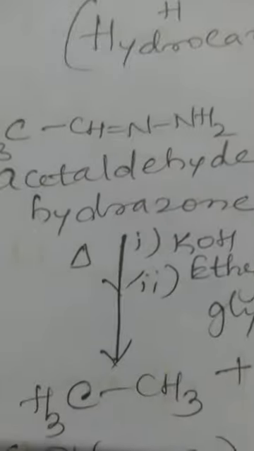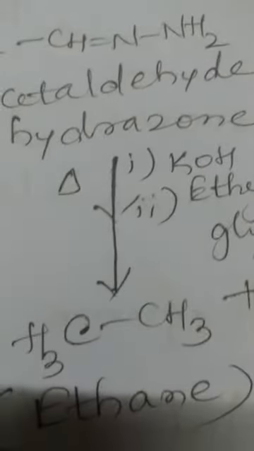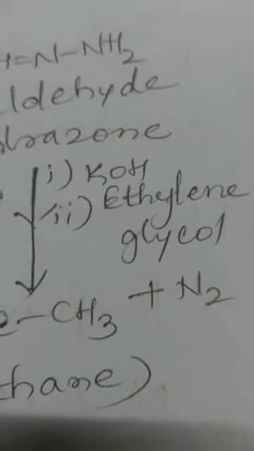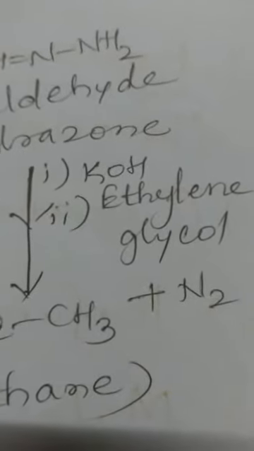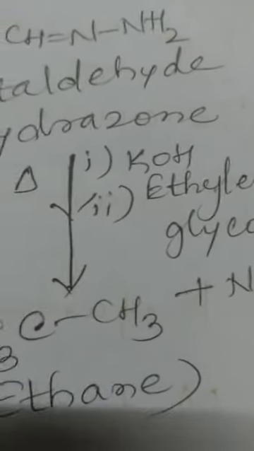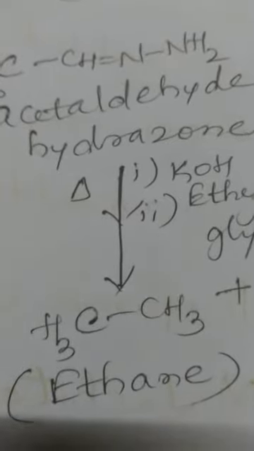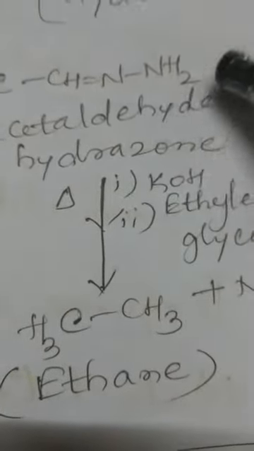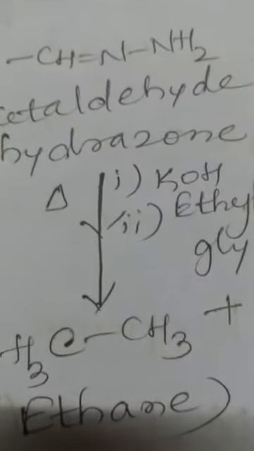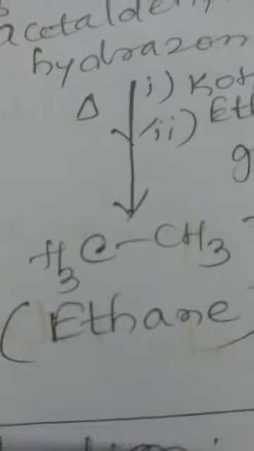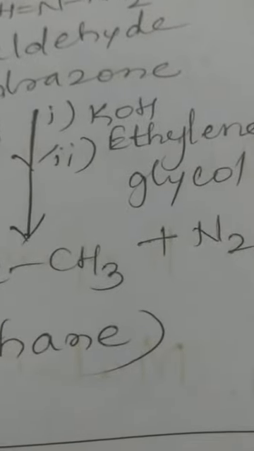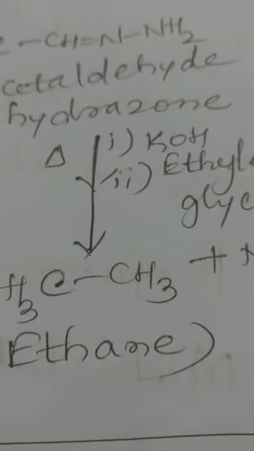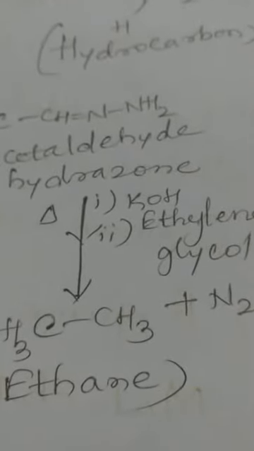Now this acetaldehyde hydrazone on heating with the alkali potassium hydroxide, or you can even use sodium hydroxide, in the presence of a high boiling solvent like ethylene glycol, eliminates N2. You end up with the product C2H6, the alkane ethane, CH3 single bond CH3, plus N2.